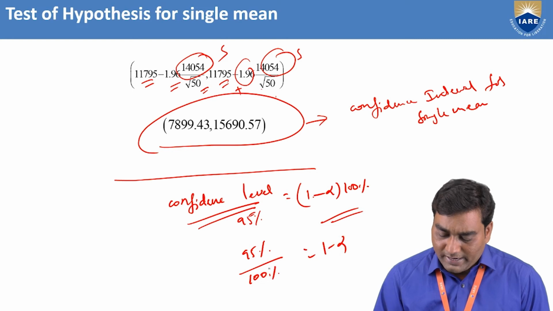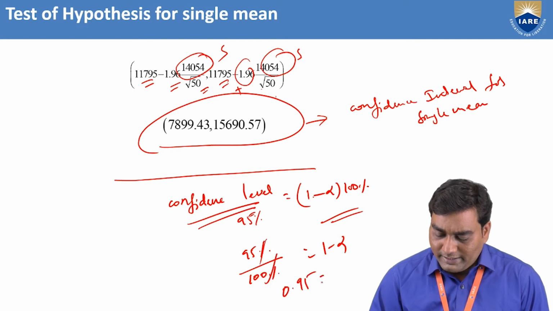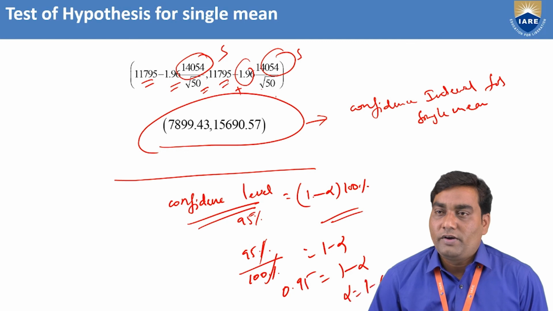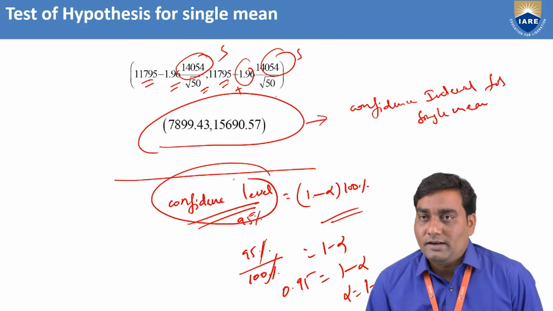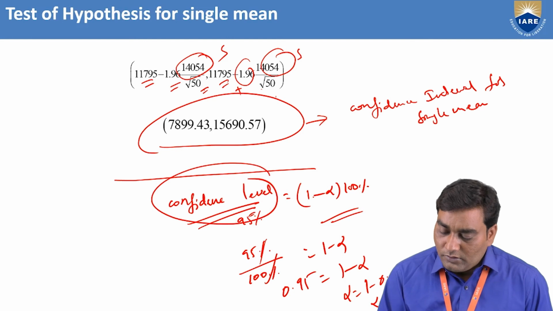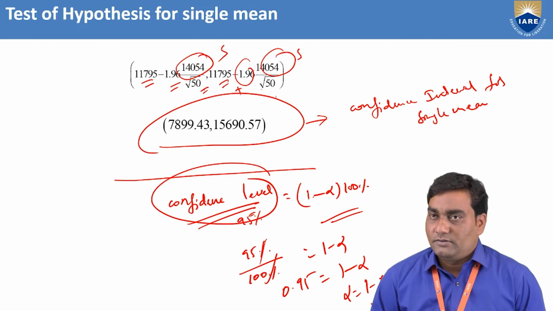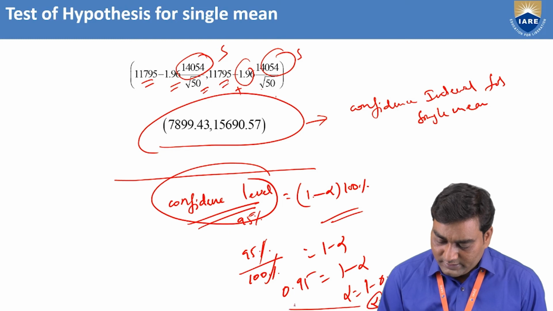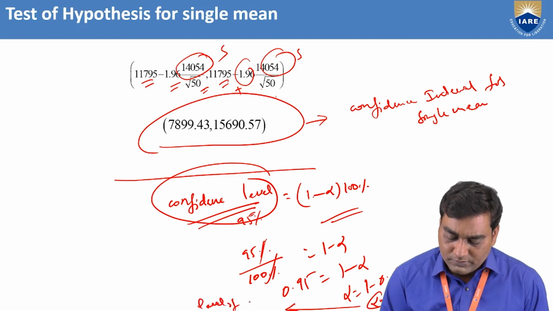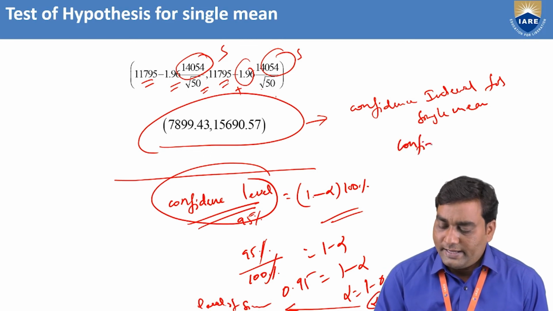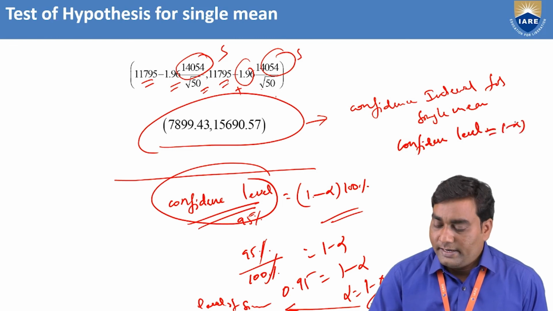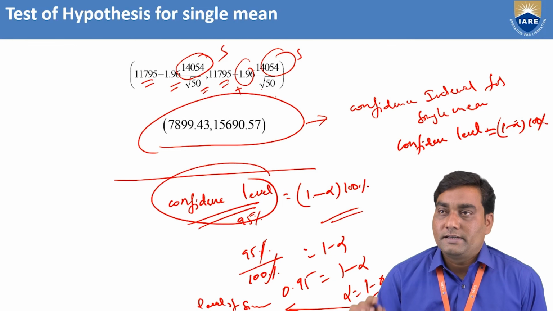So 0.95 equal to 1 minus alpha. Alpha equal to 1 minus 0.95. So alpha equal to 0.05. So 95% confidence level is also equal to 5% level of significance. The confidence level formula is 1 minus alpha into 100%.